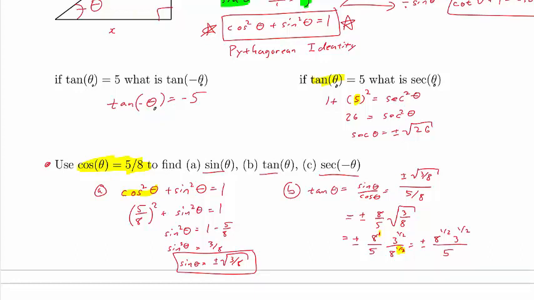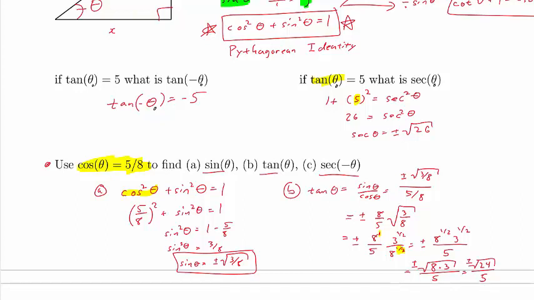And so we can also write this answer as the square root of 8 times 3 all over 5, and of course 8 times 3 is 24. So we have 24/5, and don't forget to write the positive or negative in for each one of those.